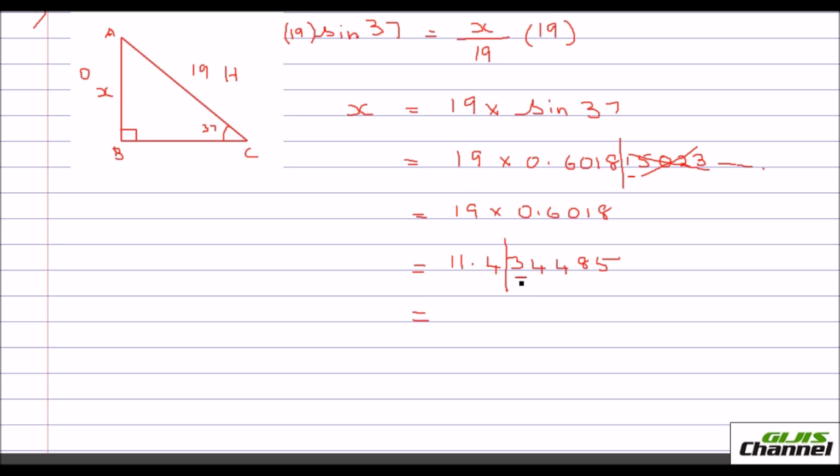This is 3, which is less than 5. So again, ignore these and your answer would be 11.4. So the x measure is 11.4. So this is a problem where the opposite side is not known. They have given you the hypotenuse and the degree measures.